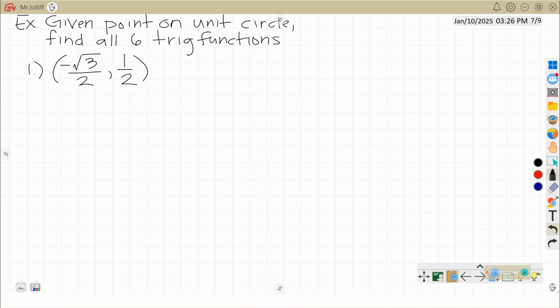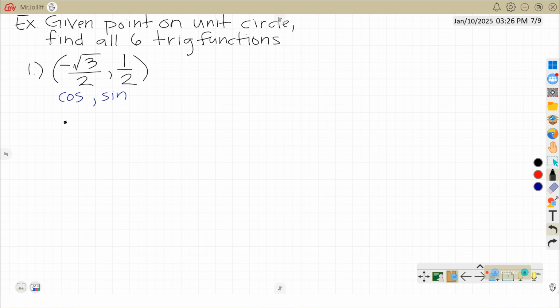Because when we were introduced to the unit circle on Tuesday, one of the first things we learned about it is the points on the unit circle are all cosine of the angle, comma, sine of the angle. So if I give you a point on the unit circle, I'm giving you the value for the cosine function and the sine function. So of those 6 things I'm asked to find, I just found 2.